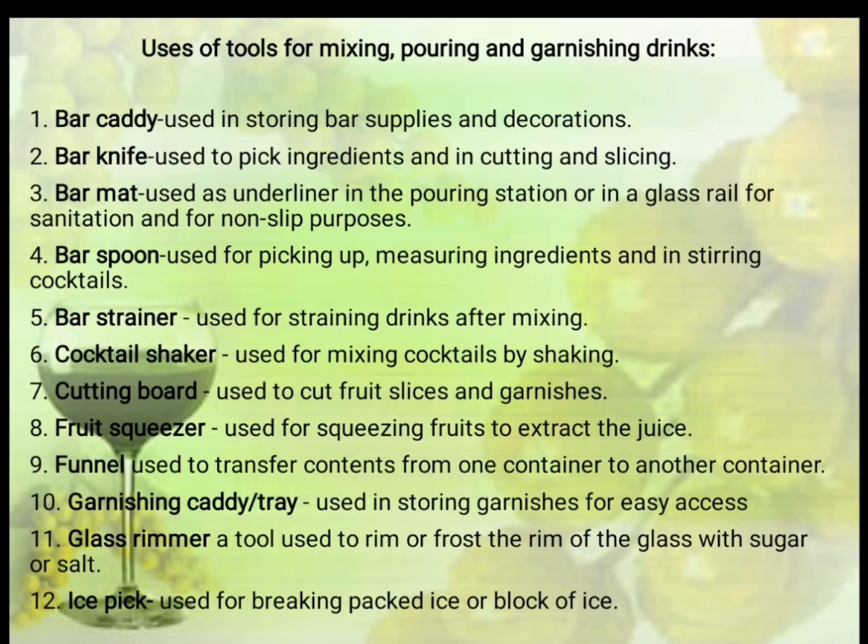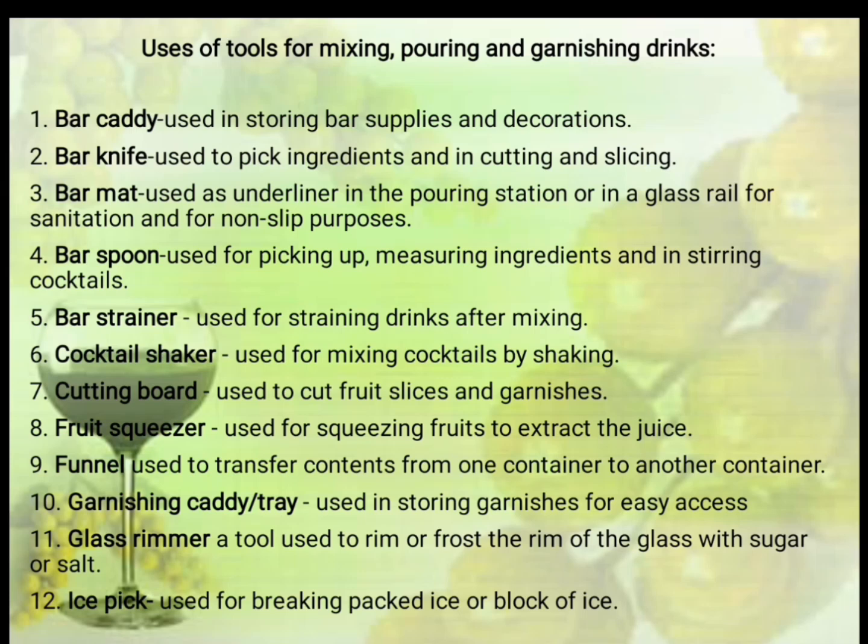Eight, a fruit squeezer, used for squeezing fruits to extract the juice. Nine, a funnel, used to transfer content from one container to another container. Number 10, garnishes kit tray, used for storing garnishes for easy access.